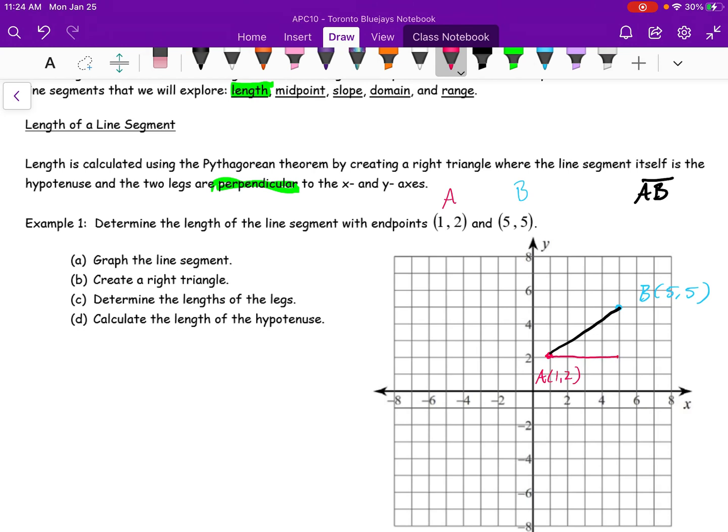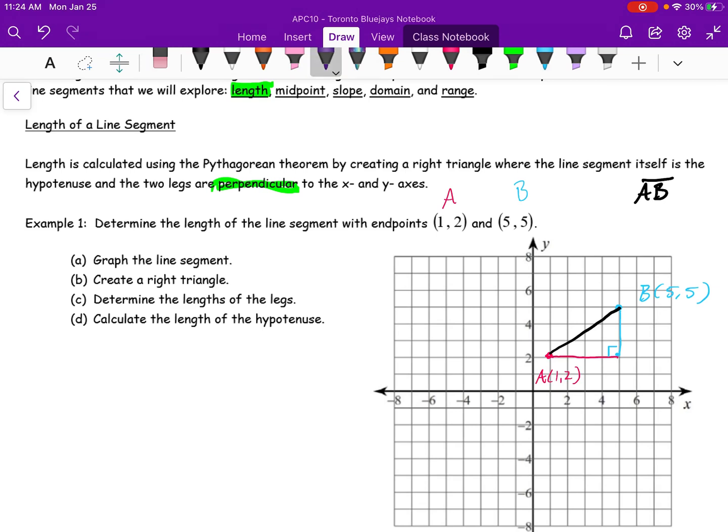Well, we create the sides of the triangle, and we start off at point A and we move horizontally towards B. And then once we get to the correct x-coordinate that B is at, we simply move up. The intersection of these two sides of the triangle will always form a right-angled triangle.